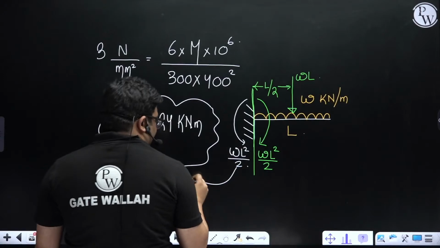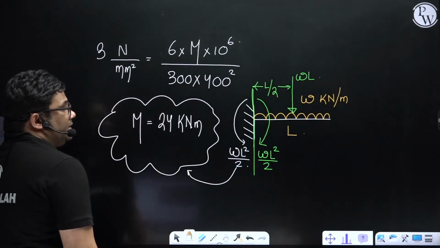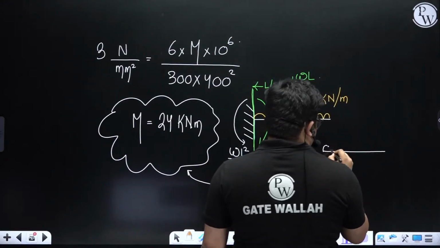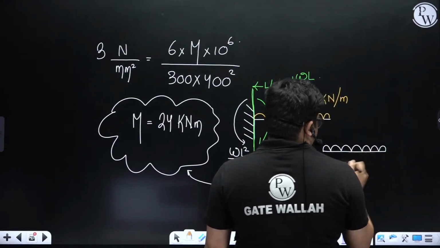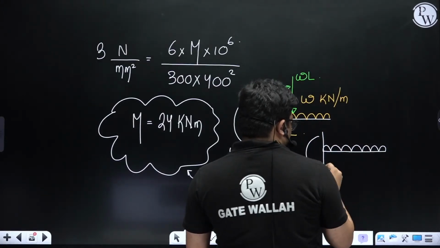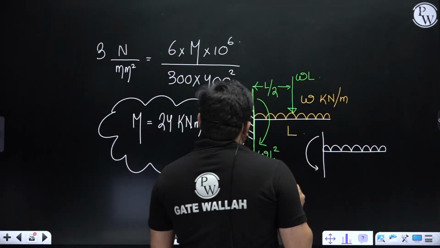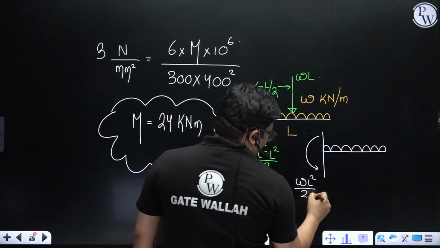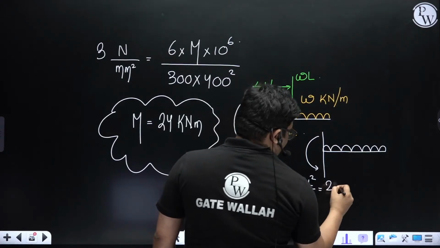And this I will equate to the 24. Because if you cut the cross section, we get WL square by 2 at the support, and that should be equated to your 24.